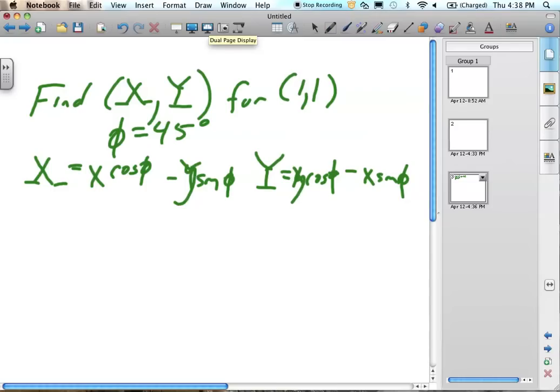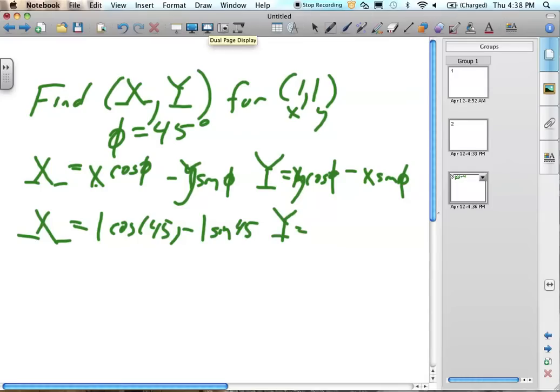All right, so now what we do is we plug back in. This is little x, little y. So my capital X is going to equal 1 times cosine of 45 plus 1 times the sine of 45. And my rotated y is going to equal 1 times cosine of 45 minus 1 times the sine of 45. Now the cosine of 45 degrees and the sine of 45 degrees are both square root of 2 over 2.